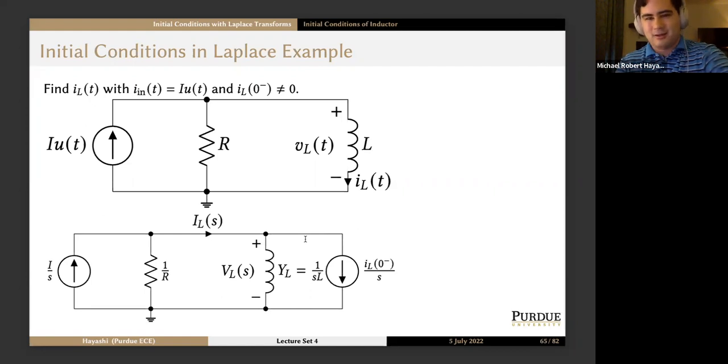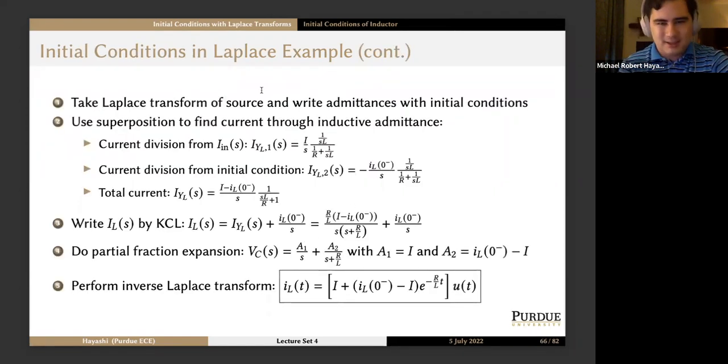So altogether, if we add up both components, let's see. Well, we got this 1 over s bit, so we get I minus iL 0 minus all over s times, we multiply both sides by RsL, or I guess we just multiply through by just sL.